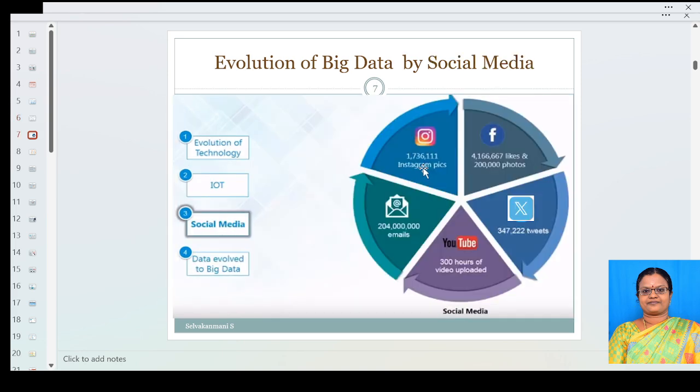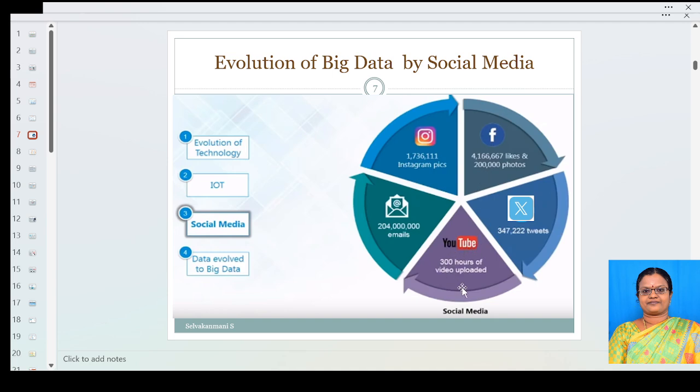And if you see social media, there are no words to say. If you take Twitter, 347,222 tweets are happening per minute. You can see Facebook has an enormous number of likes and photos being shared.